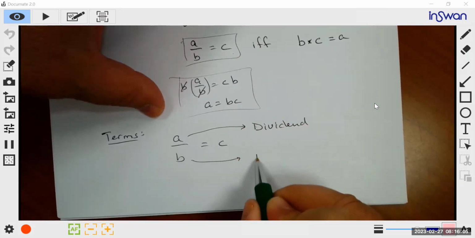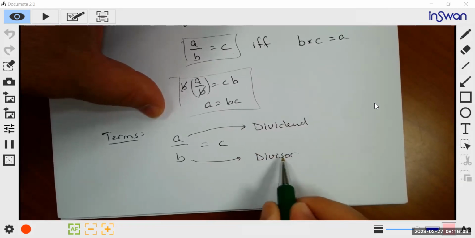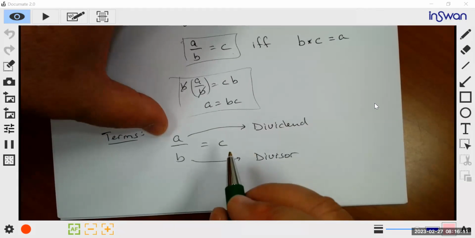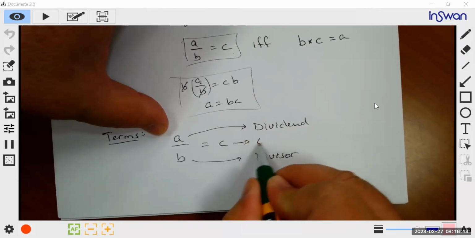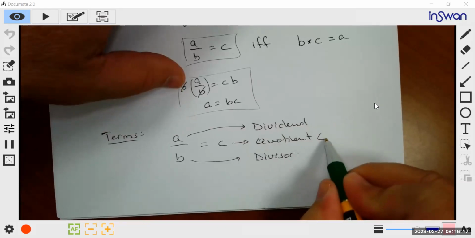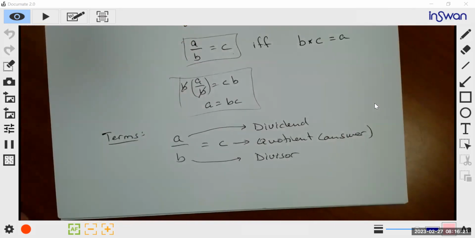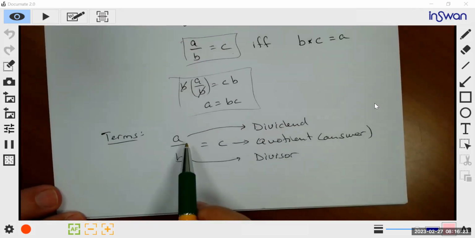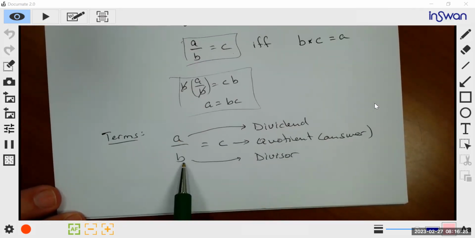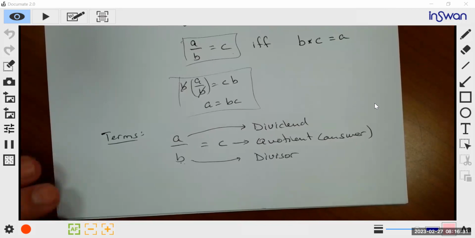B is called the divisor, because it tells me how many times I divide it. And C is called the quotient. That's the answer. So the dividend is the top, the divisor is on the bottom. How many times does B go into A? And the quotient is the answer of that.